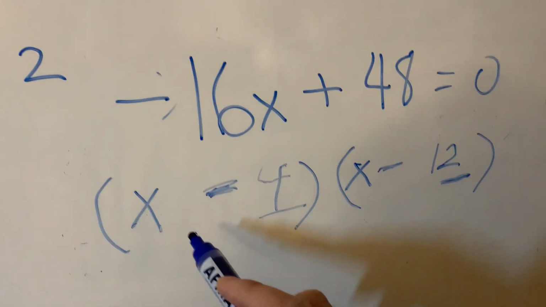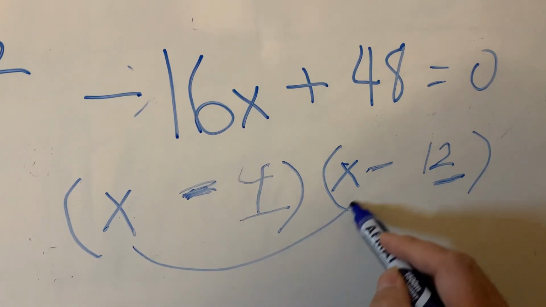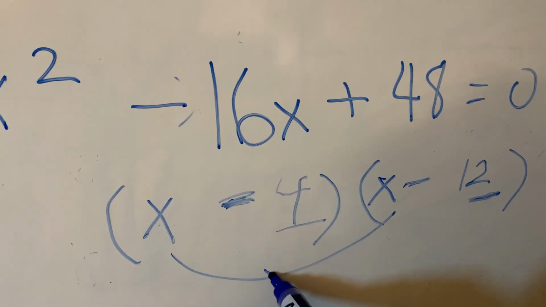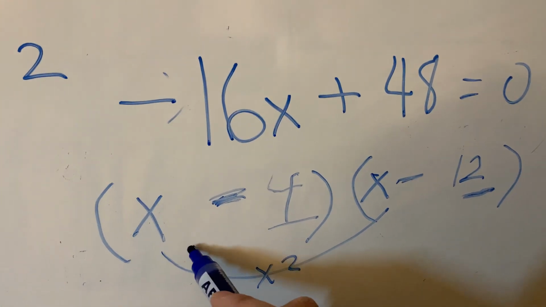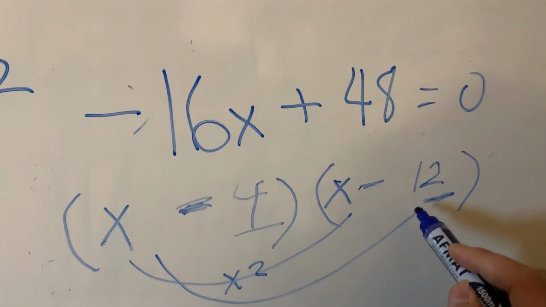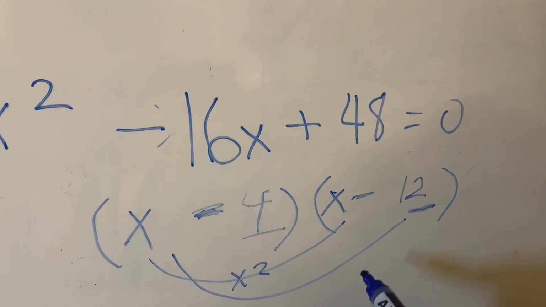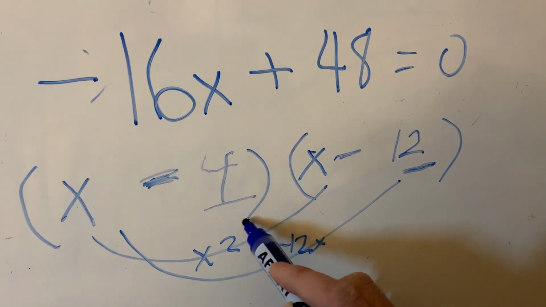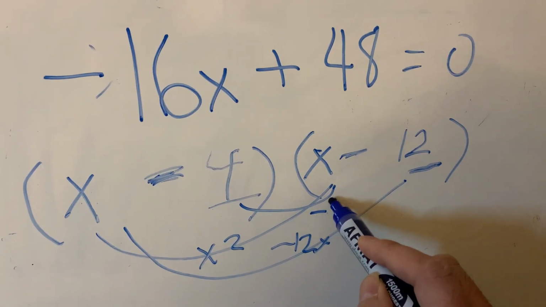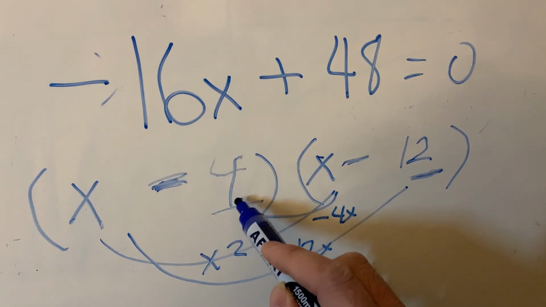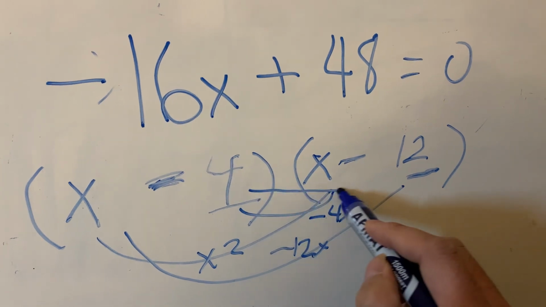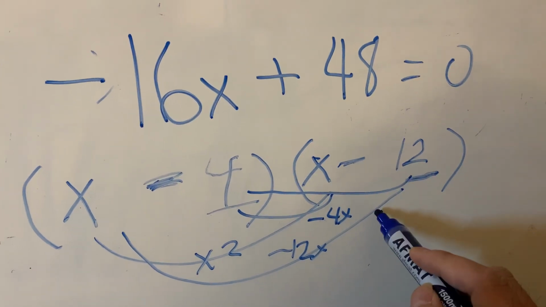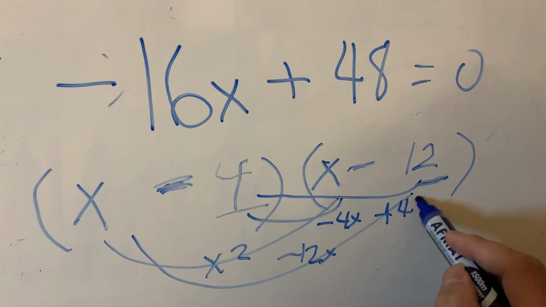Because x times x is x squared. Minus 12 times x is minus 12x. Minus 4 times x is minus 4x. And minus 4 times minus 12 is plus 48.